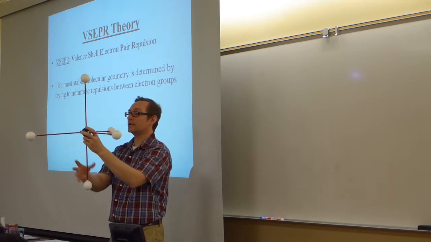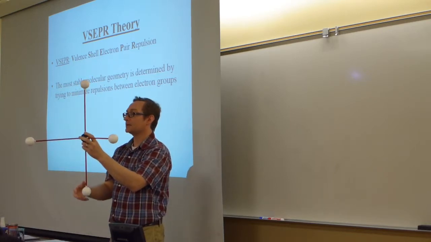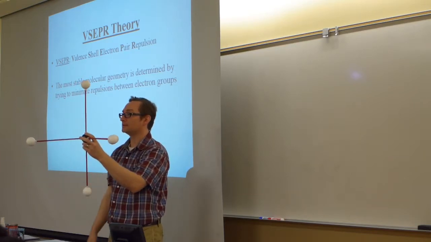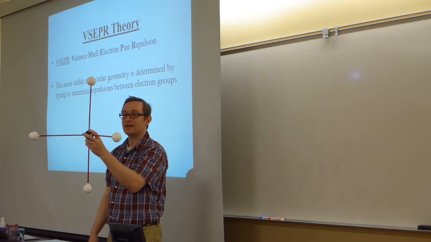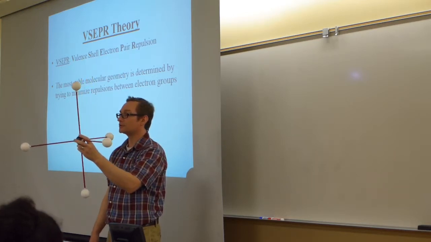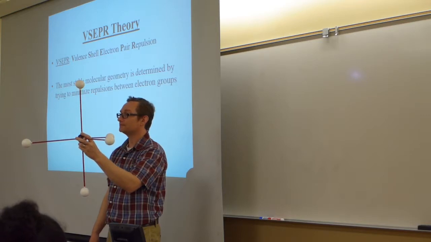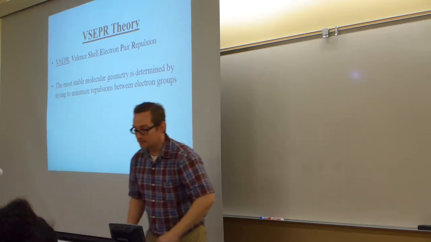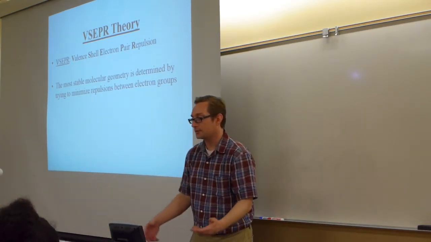So at some point, all these outer atoms have to take on a shape that maximizes the angles collectively throughout the whole molecule. That's what VSEPR is about. It's about how we can find the most stable structure to minimize the repulsions between neighboring electron groups. That's why they call it valence shell electron pair repulsion.